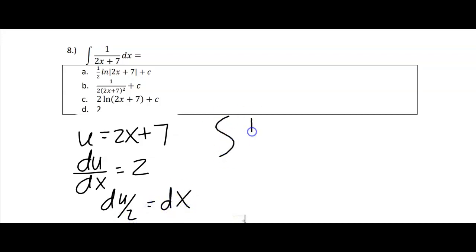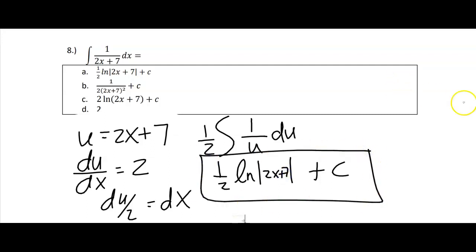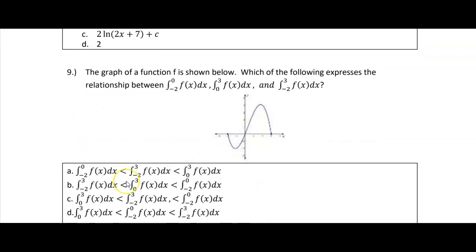And this would be du over 2, but I'm going to put the over 2 in the front now instead. The integral of 1 over u is ln of u. And the u was 2x plus 7. So our final answer there is 1/2 ln of 2x plus 7. So it's a U sub problem that results in an ln.